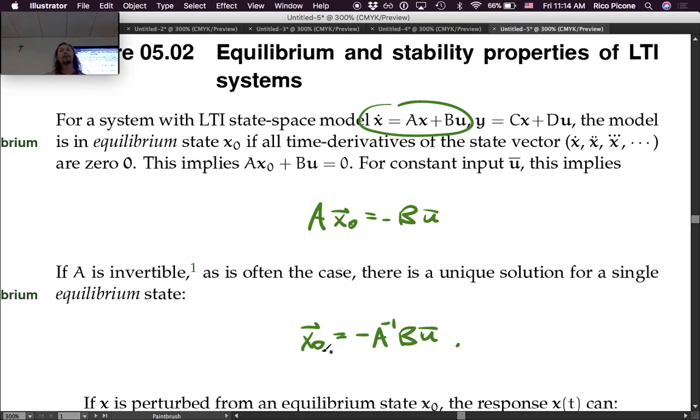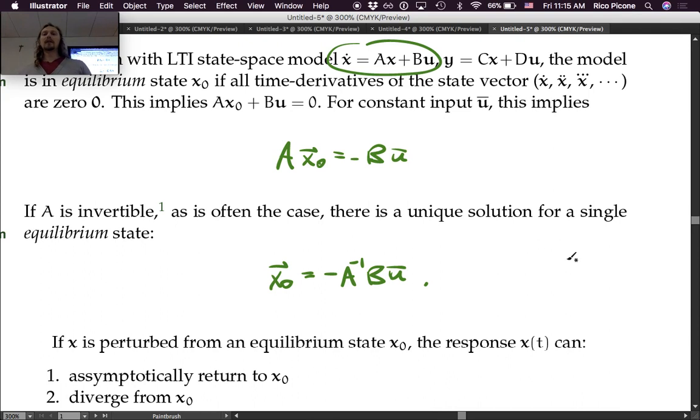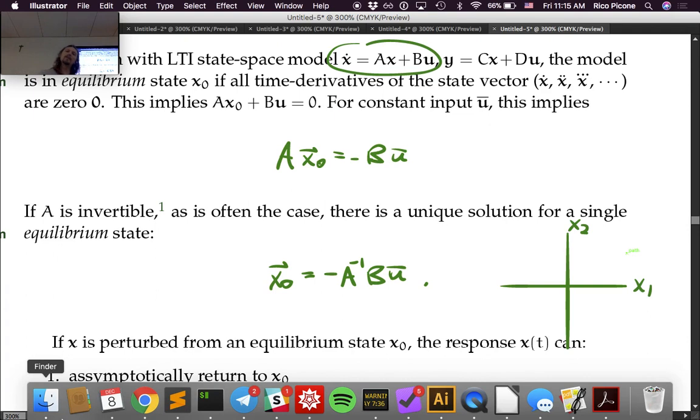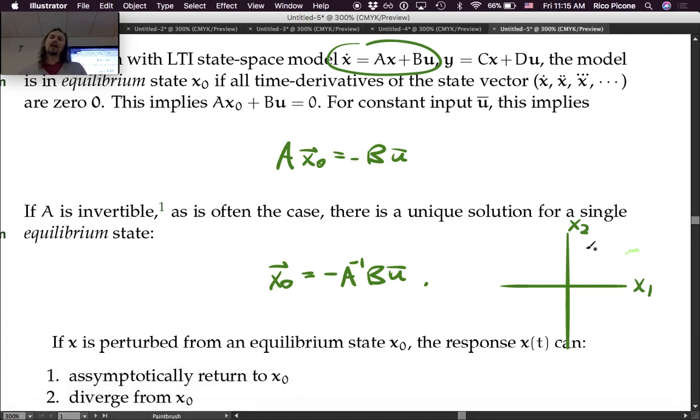So, say in the simple case where we've got two states, x1 and x2. In that simple case, typically x naught is our only equilibrium state. But so this is the state space, right? This is the plane.